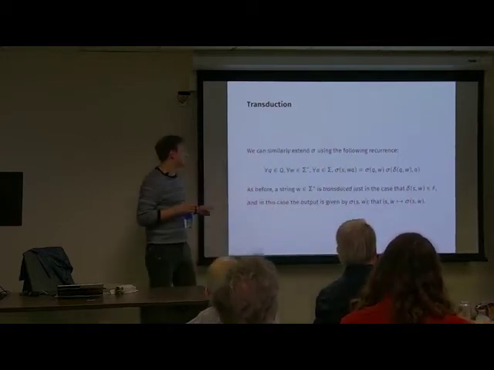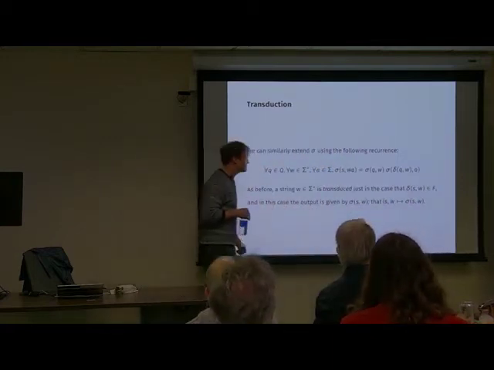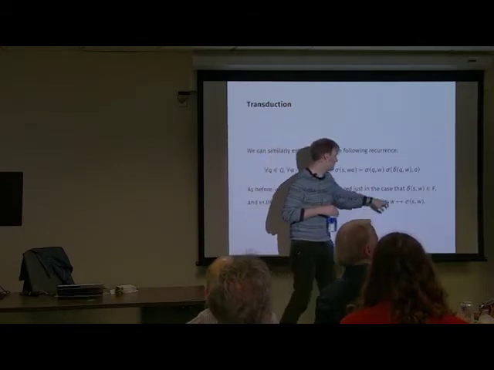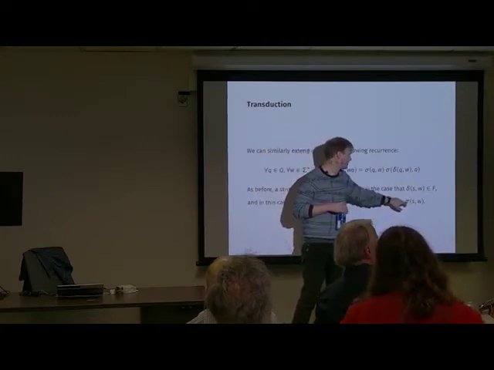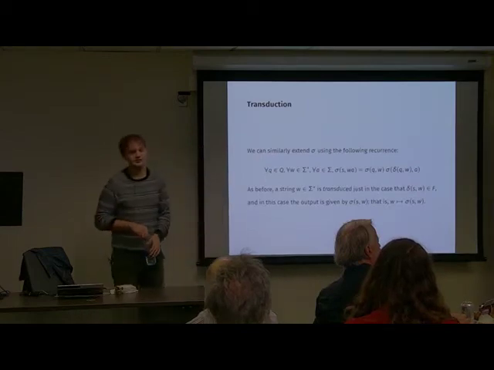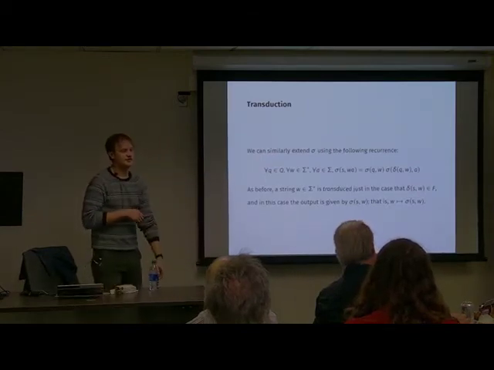In this case, the output is given by this output function here, which is sigma-star of W. So we say that W maps onto whatever that gives us, starting at the start state. And that is just one of many ways to define these things.